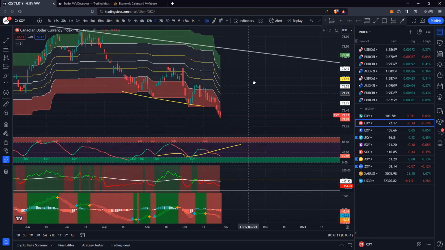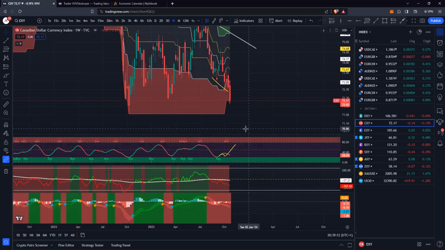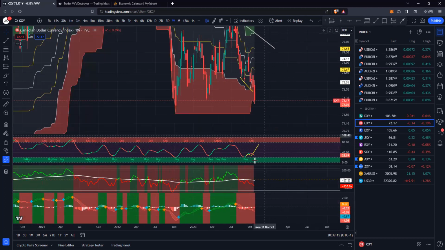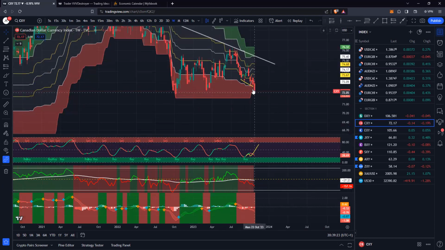Then the CXY. The CXY also drew a scenario here a couple of weeks ago, and I was expecting a divergence, which it made clearly. Here is a divergence chance, something similar like USD CAD. But as you see on the rest of the indicators, nothing's showing us that this is a valid point right now.